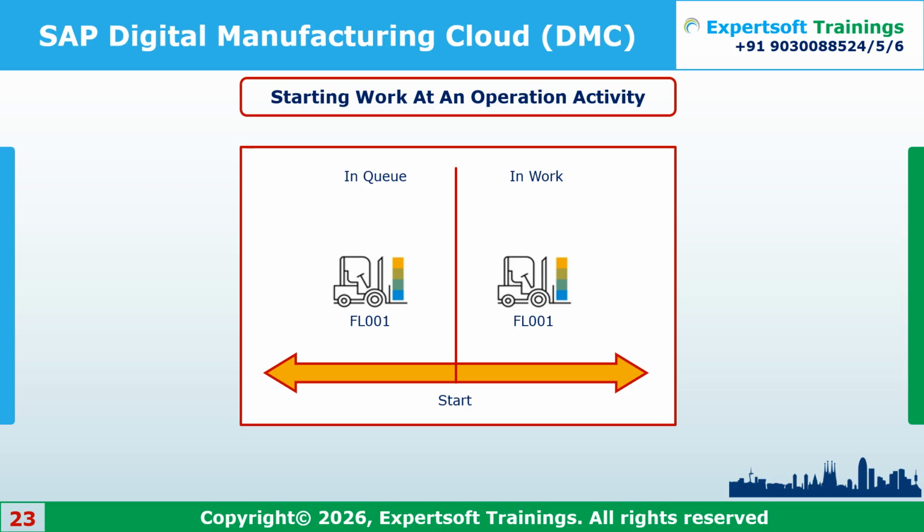How will we know the exact status of the operation? From the SFC point of view, all the SFCs will be in queue before execution. Once the executor, the person on the shop floor, selects the operation or the SFC and puts it in work, or starts the SFC, the status will change from in queue to in work, and so on.